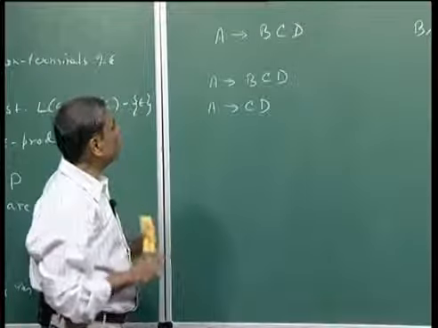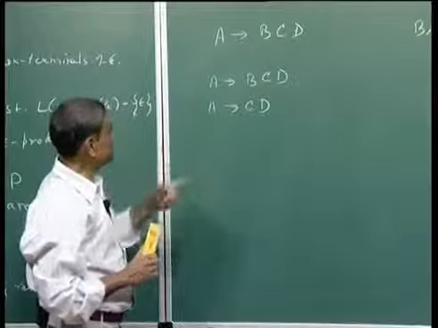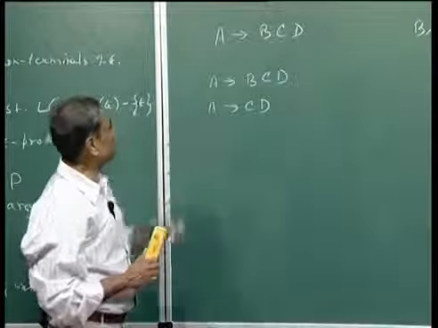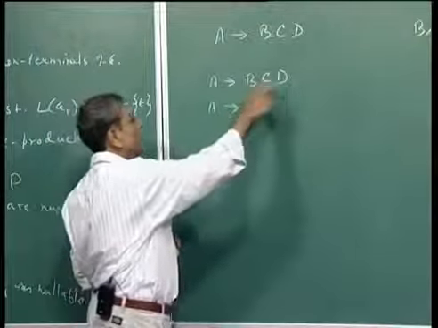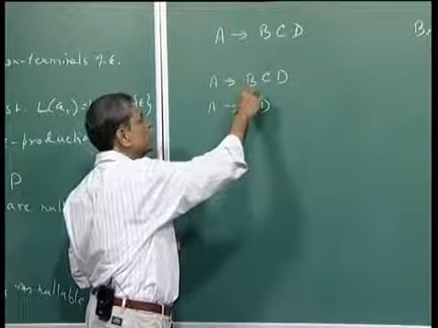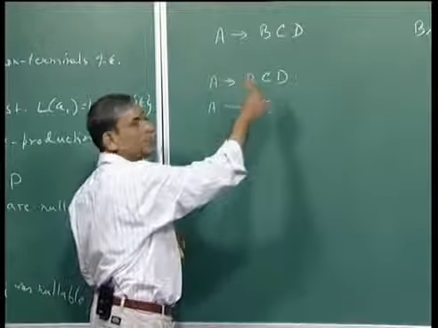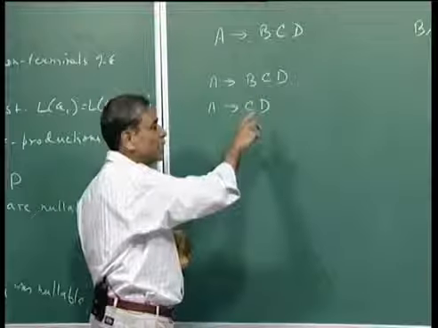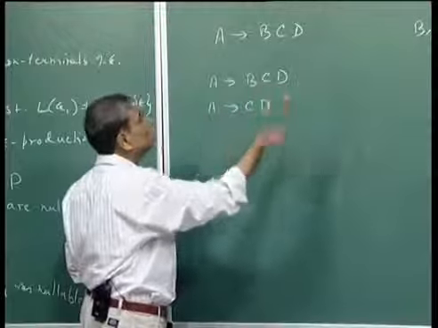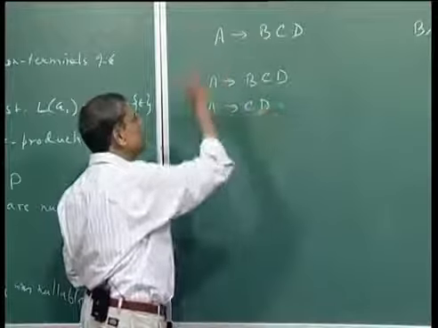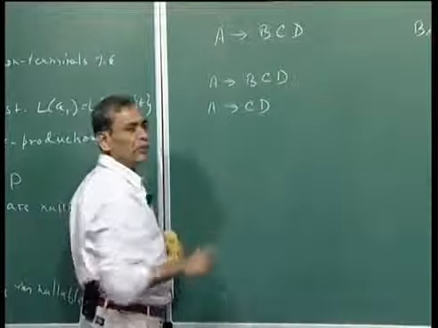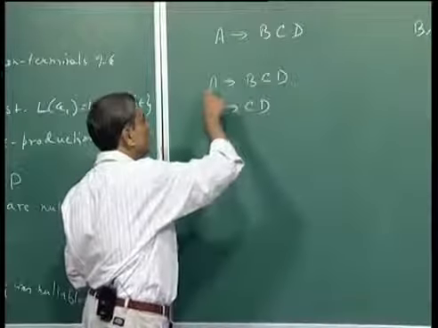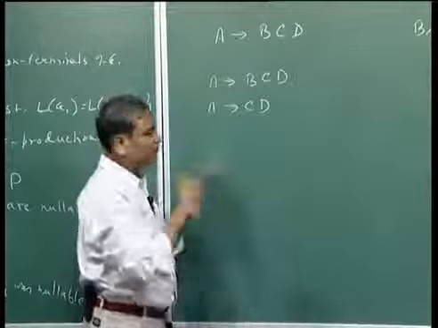Long and short of this is that all those strings which can be obtained from this by substituting one or more nullable non-terminals by epsilons, such right hand sides will also be a right hand side of A. So, these are new productions.